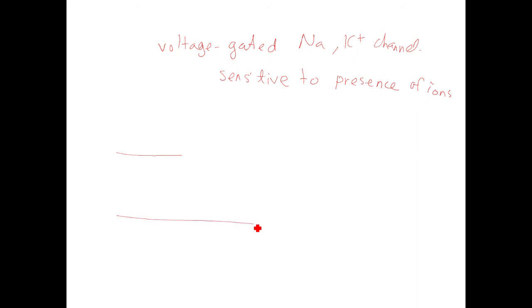Okay, so suppose this is part of an axon and there are 3 sodium channels there. The action potential is traveling in this direction, starting from the axon hillock towards the axon terminal.